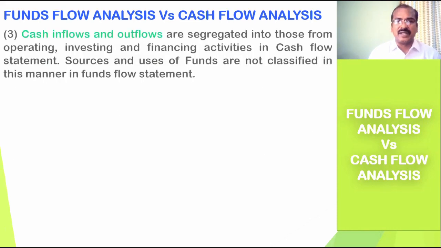The third point of difference is in relation to cash inflows and outflows. Cash inflows and outflows are segregated or categorized into operating, investing and financing activities in cash flow statement.